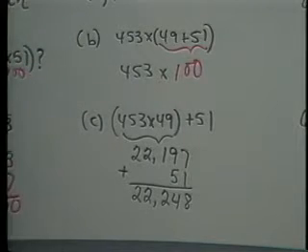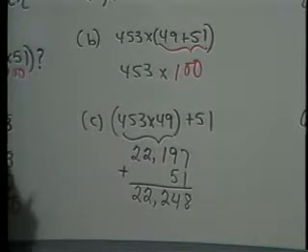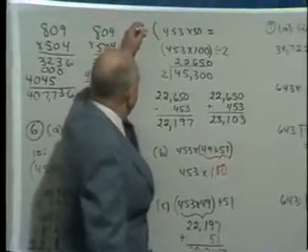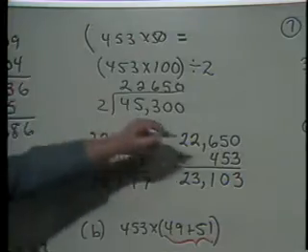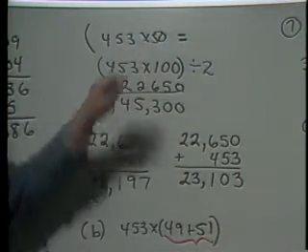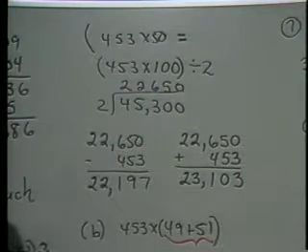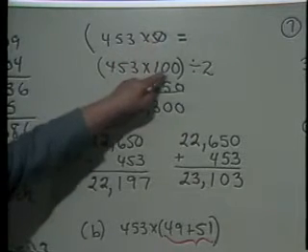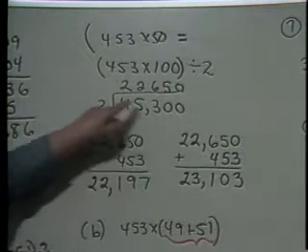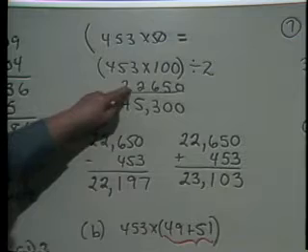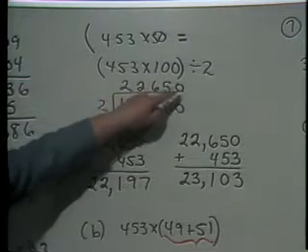And the only other thing I wanted to show you, I'm going to go to the top of this board now. I should have really put this in as a digression. In fact, I guess I started to do it this way and didn't finish the parentheses. You see, a quick way to multiply by 50. Since 50 is 100 divided by 2, I want to show you a number sense again. What I could have done to multiply by 50 is tack on 2 zeros. You see that multiplies by 100. Then divide by 2, and that would give me 22,650.